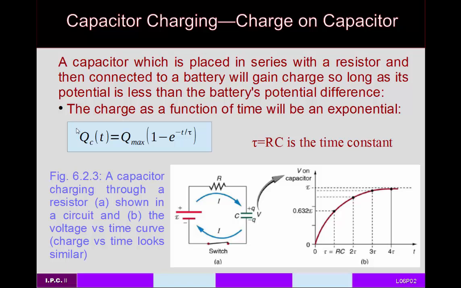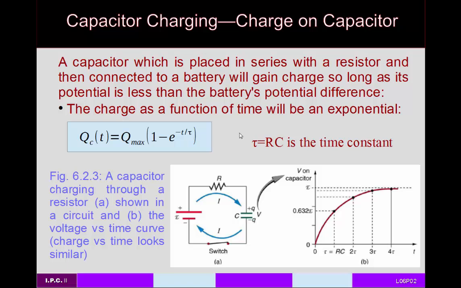We can describe the charge on the capacitor while the capacitor is being charged by the battery by an equation that looks like this. Qc of t, this is the total charge as a function of time on the capacitor, is the maximum charge times 1 minus e to the negative t over tau.